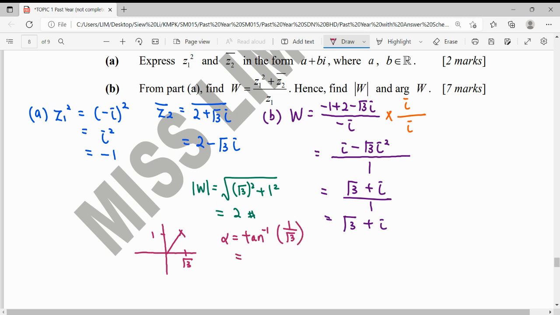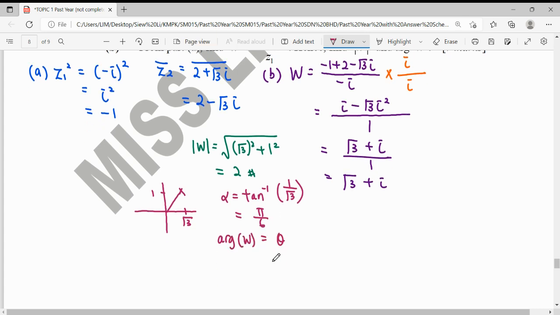So this will give us pi over 6. Lastly, the argument of w, theta, in the first quadrant will equal alpha. So the answer will be argument theta equals alpha, so pi over 6.